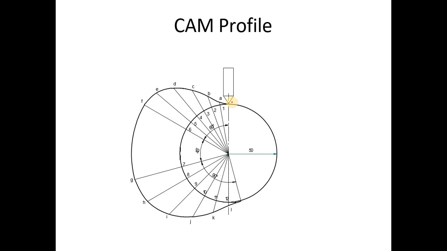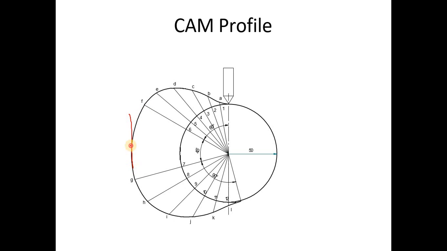After understanding all the motions of the follower, you can draw the cam. Look at this. This is a radial cam because its axis and the follower axis exactly pass through each other. This is not an offset follower. This is a simple inline axis follower. This is the 60 degrees of outstroke. This is 40 or 45 degrees of dwell, where there is no motion.